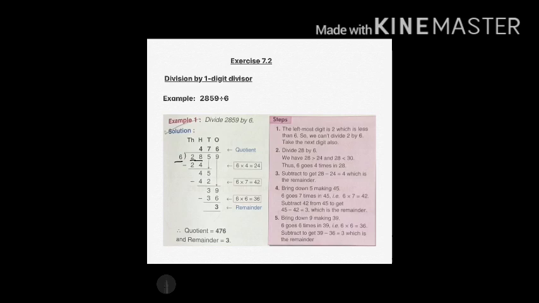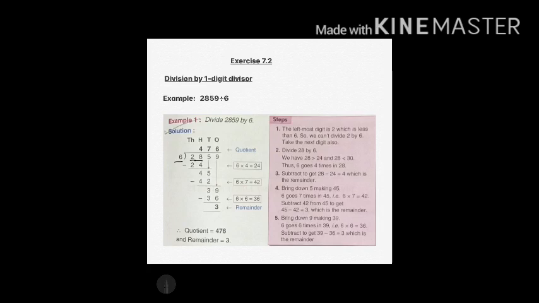Alright students, now 28, you just check 28 in the table of 6. Always when we are dividing, we go through the table of the divisor, that how many times that divisor goes in the dividend. So 6 goes in 28, how many times?